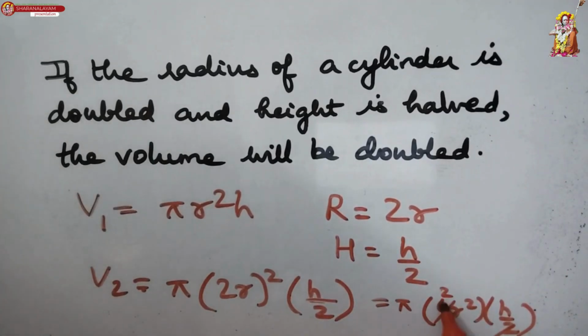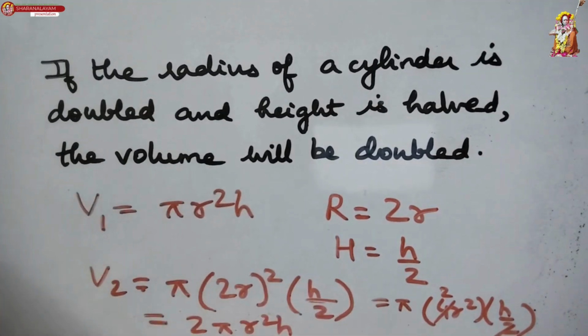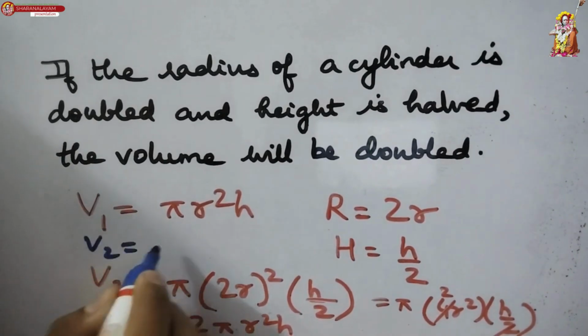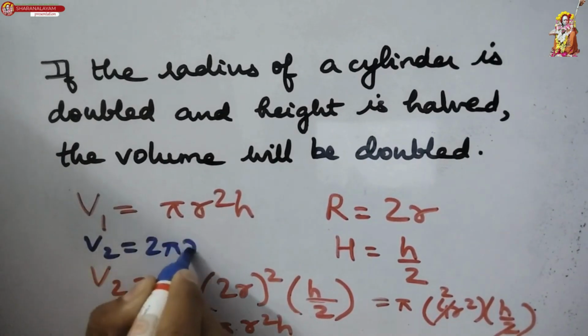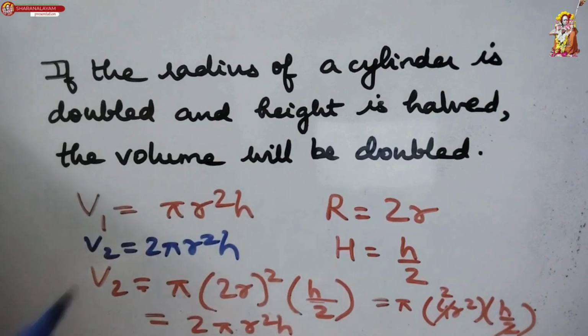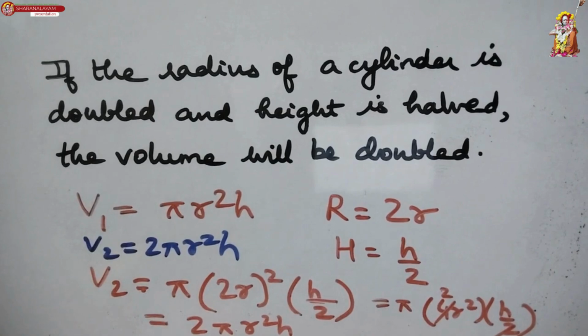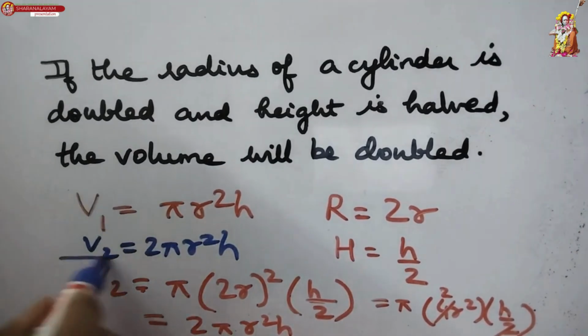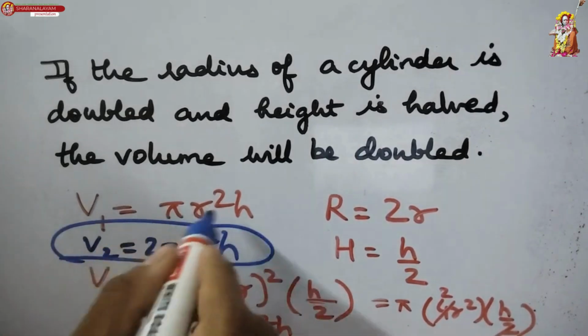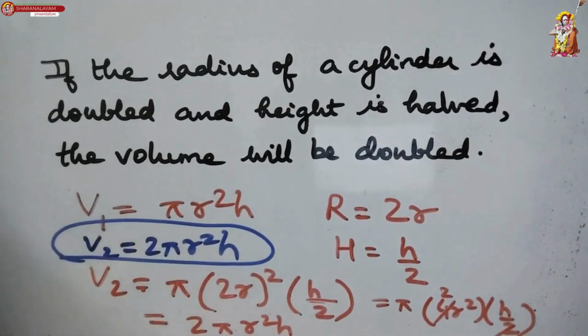This is pi into 2r square into h, which is nothing but 2 pi r square h. So, the new volume will be equal to 2 pi r square h. So, they say that the volume will be doubled, and it is indeed true. It was previously pi r square h, now it is 2 pi r square h. So, the statement is true.